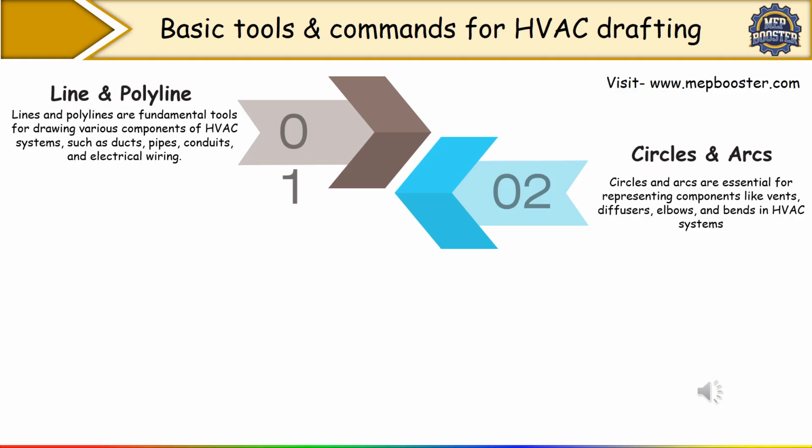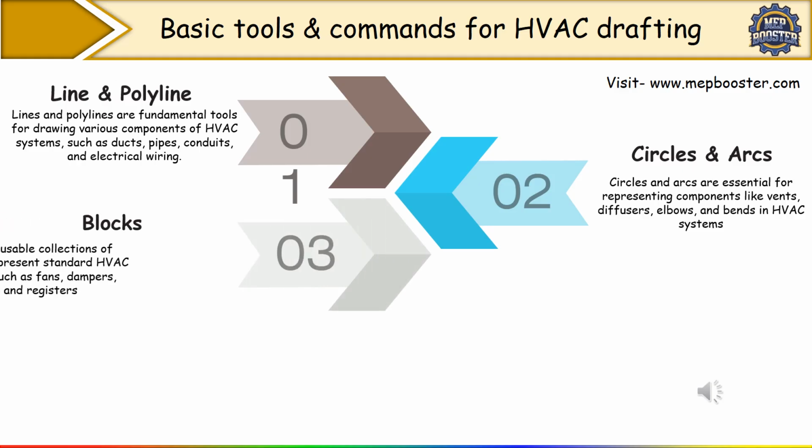We use the circle command in AutoCAD to draw a circle based on a specified radius or diameter, and the arc command creates an arc based on a specified radius, start point, end point and angle, etc.